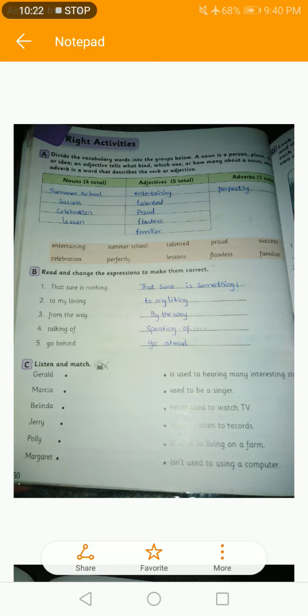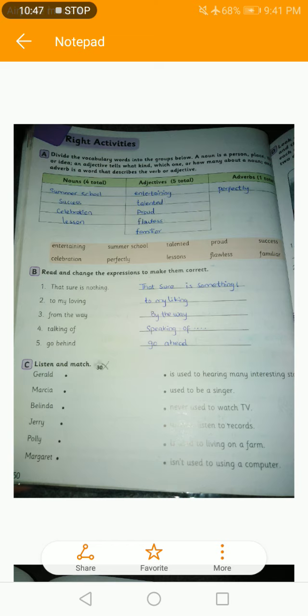Then we have adjectives: entertaining, talented, proud, flawless, and familiar. Then the adverb: perfectly. So the nouns are summer school, success, celebration, and lesson. The adjectives are entertaining, talented, proud, flawless, and familiar. And the adverb is perfectly.